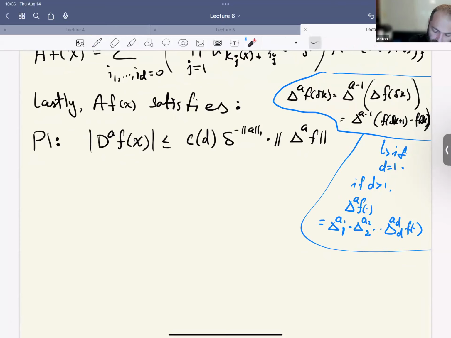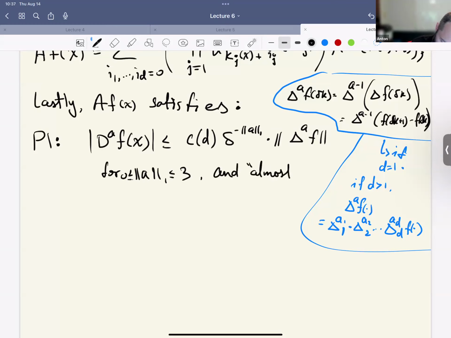Roughly speaking, whenever we see derivatives of the function, those are really bounded by finite differences, for a_1 between 0 and 3, and almost all a_1 equals 4.